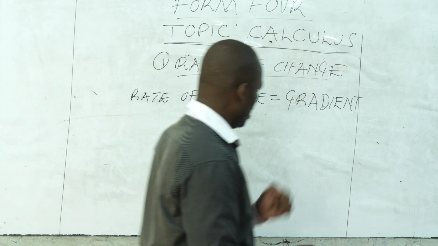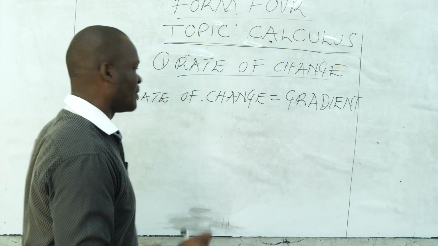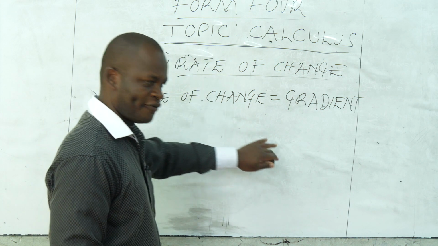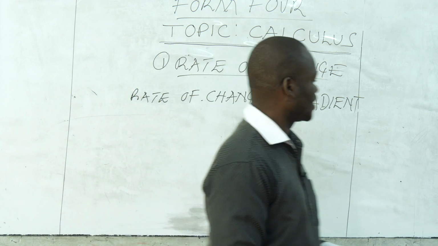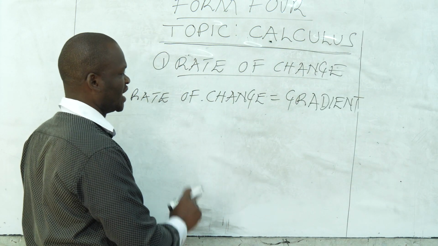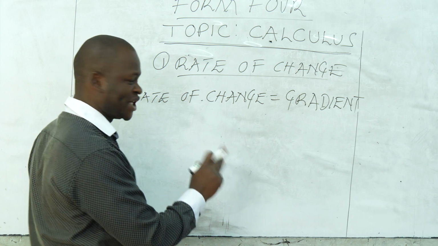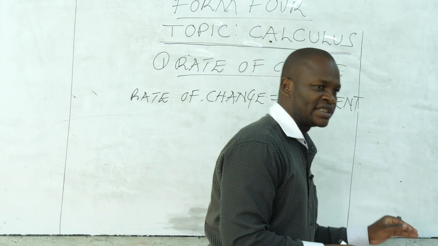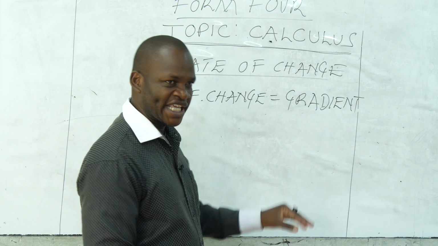Now, gradient is something you covered in Form 2. Gradient means the degree of the steepness of a given slope.